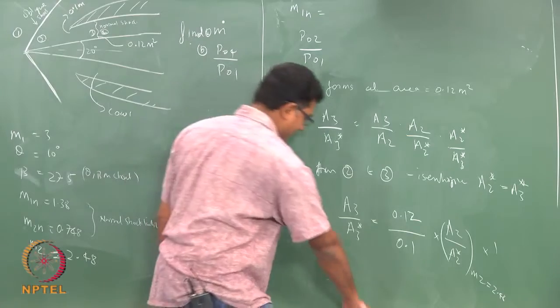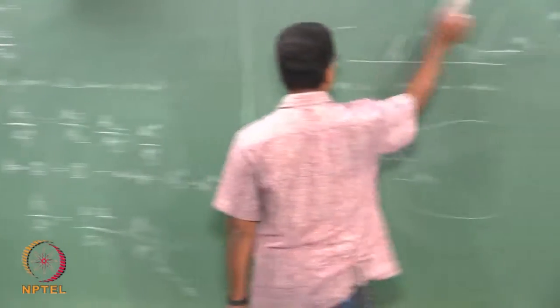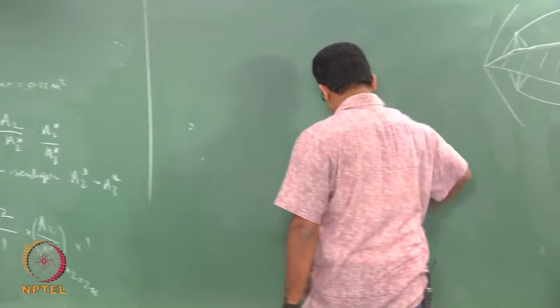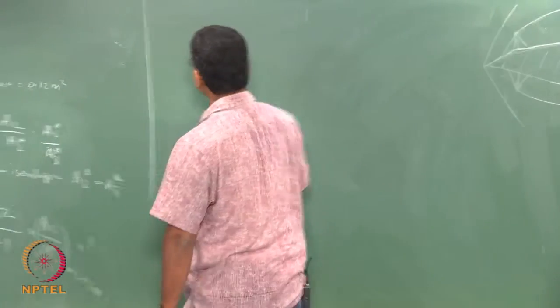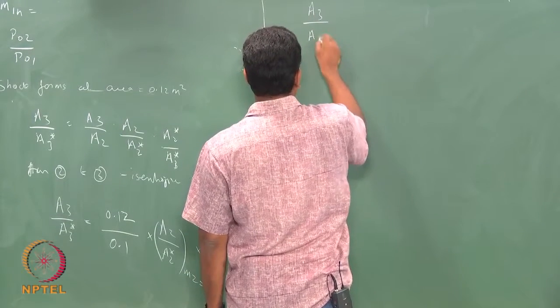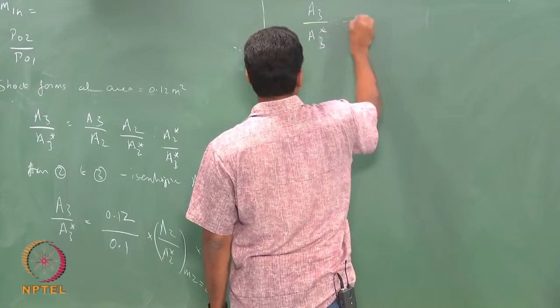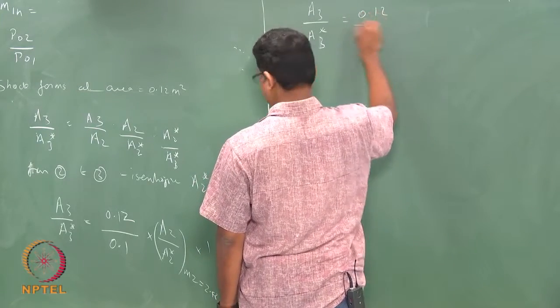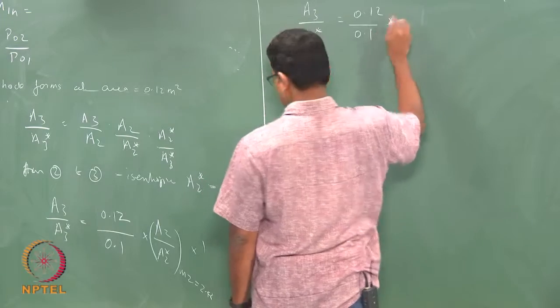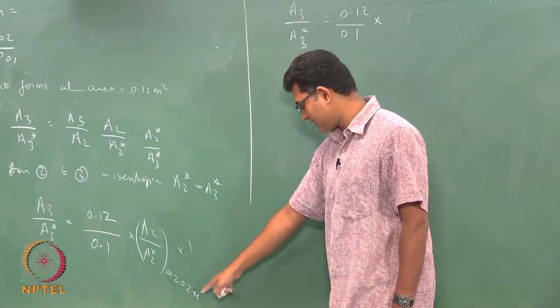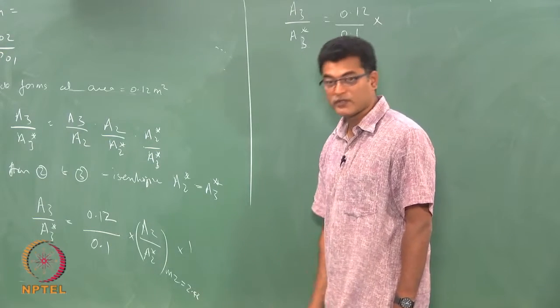So, if I know this value, I can find M3. A3 by A3 star is into, what is this value? A2 by A2 star at 2.48.